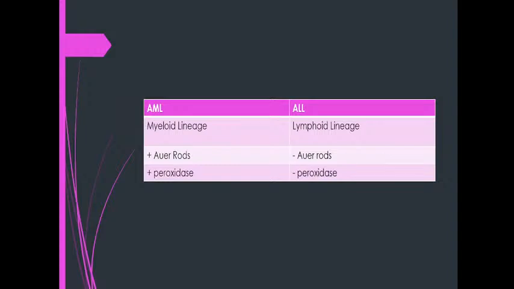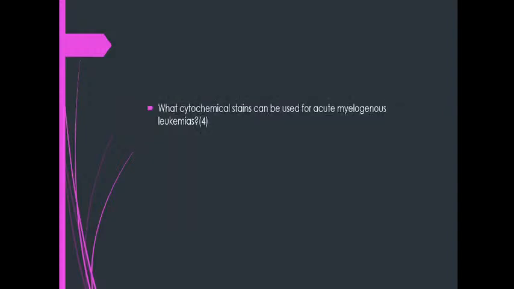Specifically, what type of AML? We have acute myeloblastic leukemia, acute myelomonocytic, and erythroleukemia. Auer rods are present there. Peroxidase, we're going to talk about peroxidase later. This is also known as leukocyte peroxidase.